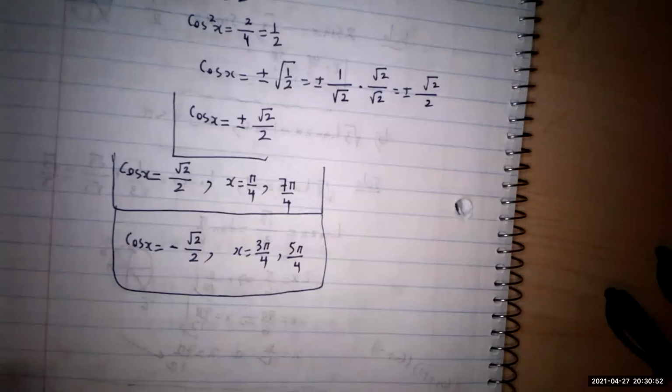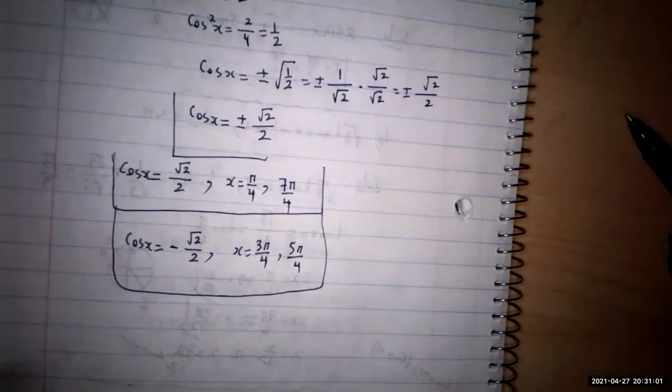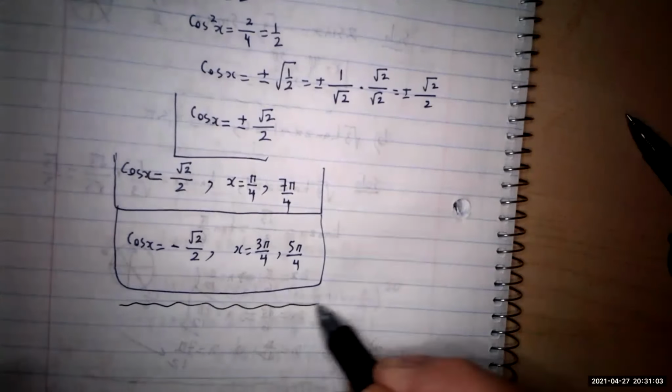Any question? So this is another format that we have to know. Now, what's going to be the next one? The next one is a quadratic that you may have to do a little bit more work to get.